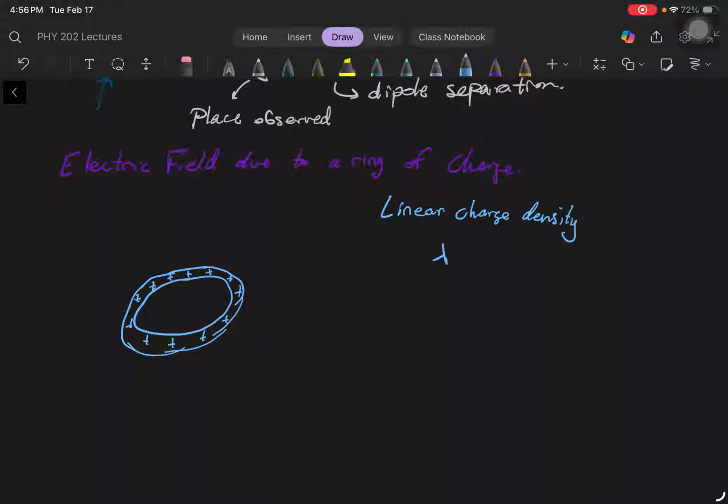And we're going to call that lambda. And it has units of coulombs per meter. Charge per length. Right, and so we can do this for if it's a straight line of charge.